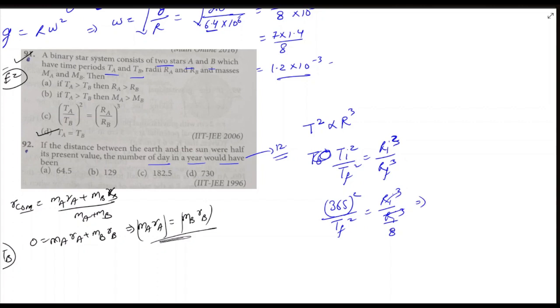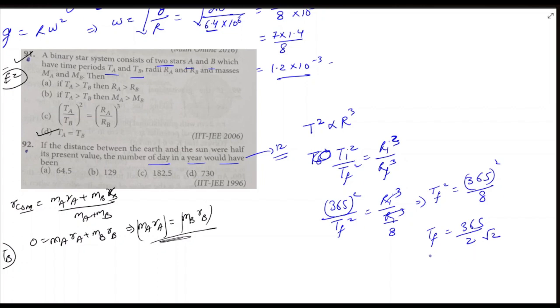So T final square will be 365 square divided by 8, so 8 will go here. So T final will be simply 365 divided by 2 root 2, right?